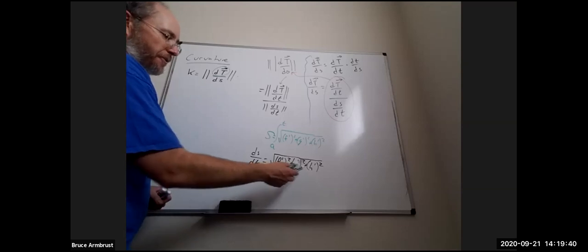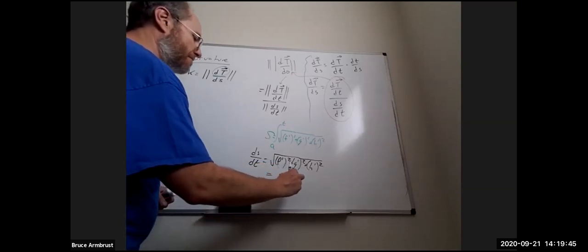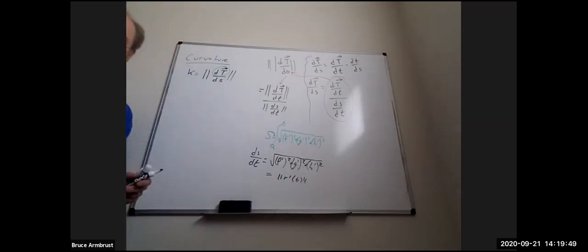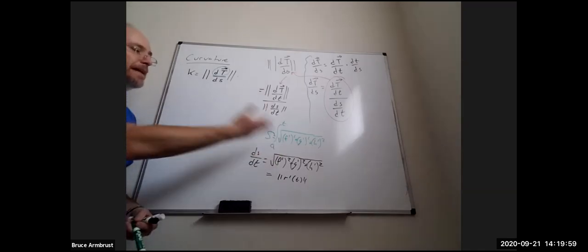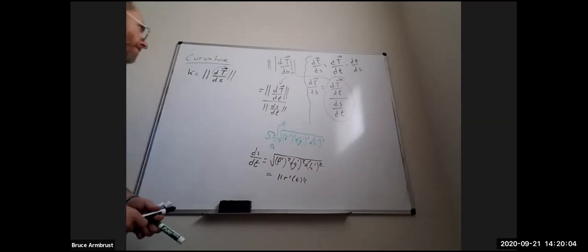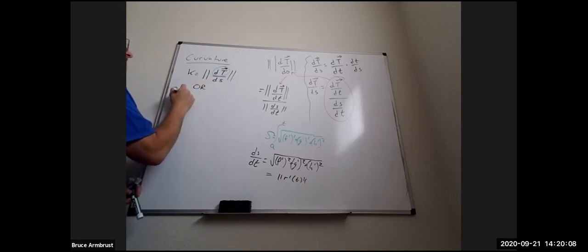Well, I don't know if you recognize that, but that's also known as the magnitude of r prime. So what we're doing is taking the magnitude of r prime. So here's a second form for curvature.